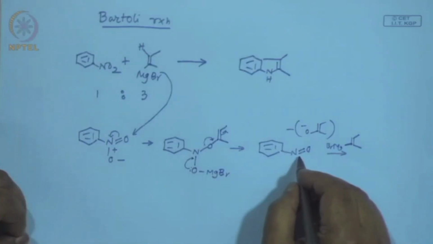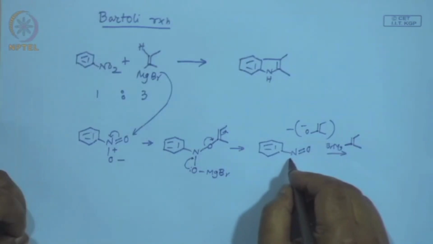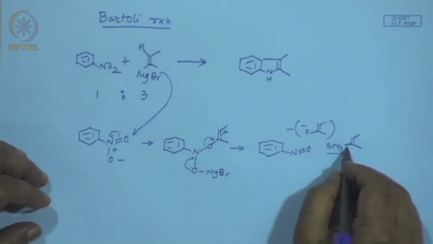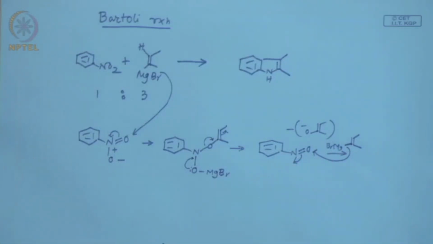Often we are accustomed to polarizing this nitrogen-oxygen bond towards the oxygen, with nitrogen getting the positive charge, just like a carbonyl. But in this case the polarization is in a reverse manner, probably because of the aromatic ring system.